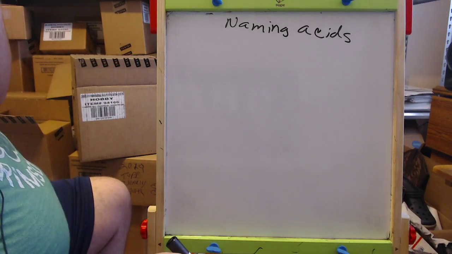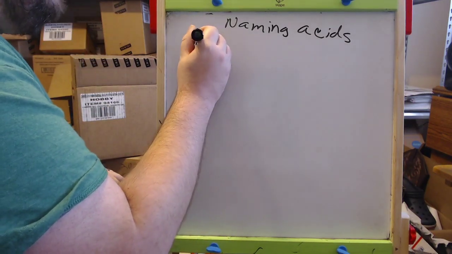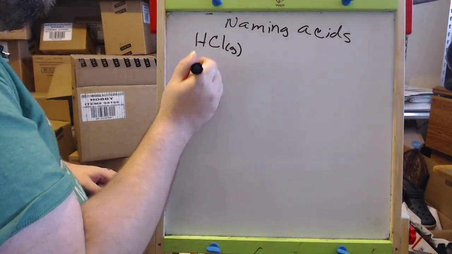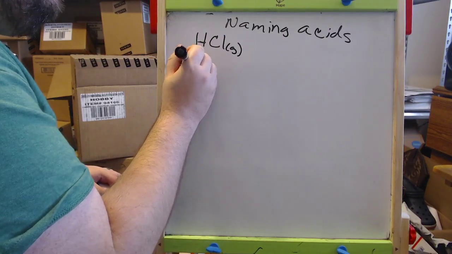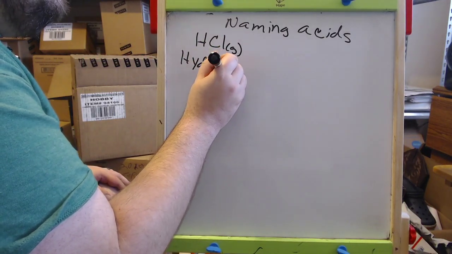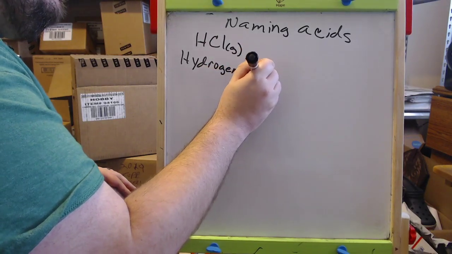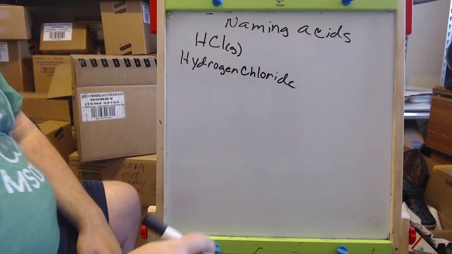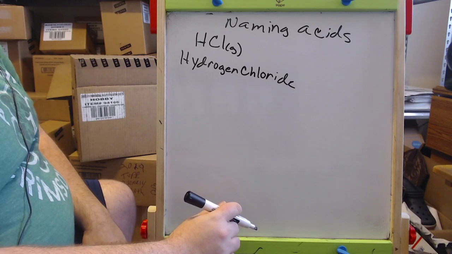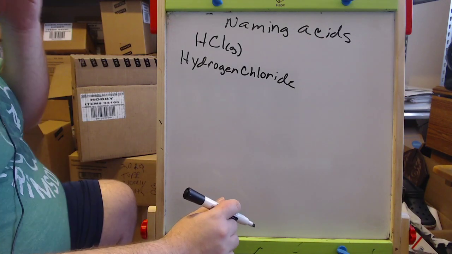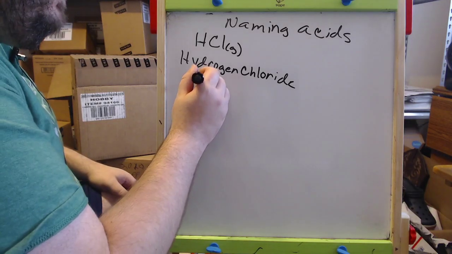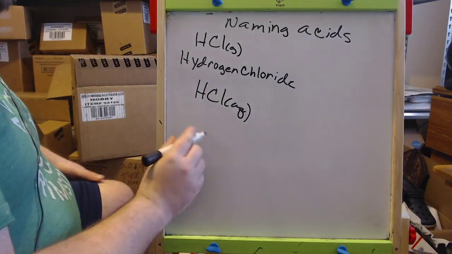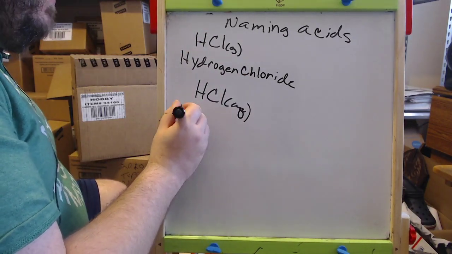So let's start with our non-oxo acids. HCl. As a gas, HCl would be hydrogen chloride. However, when I put HCl into water and make it into an acid, if I don't contain oxygen, I need the prefix hydro.